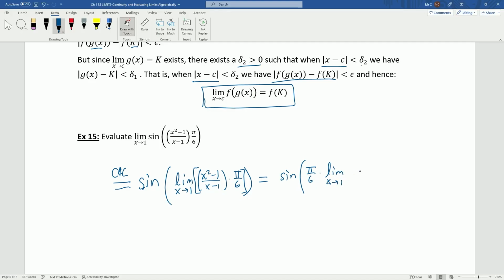And at the same time, I'm going to rewrite x squared minus 1 as x minus 1 times x plus 1. That's just my difference of squares. And so now we can start canceling. All right.